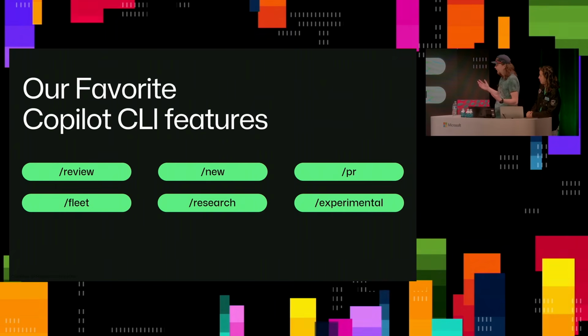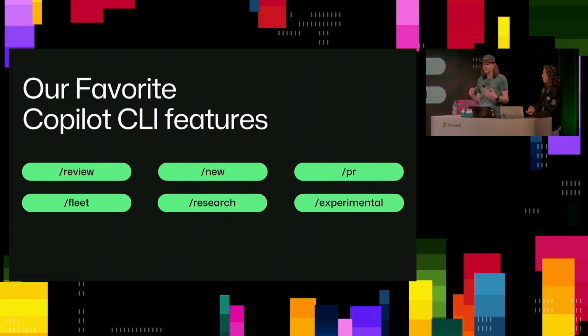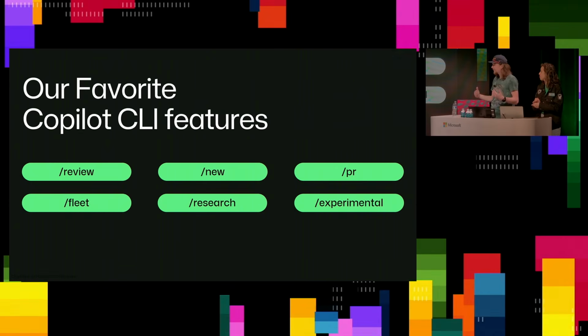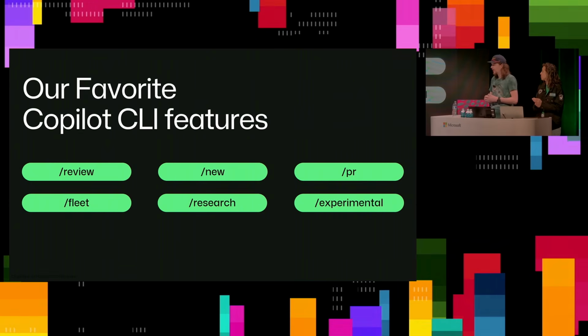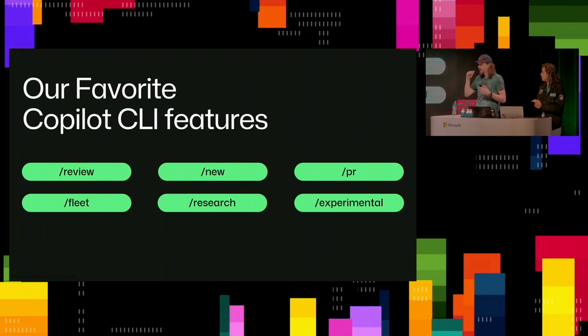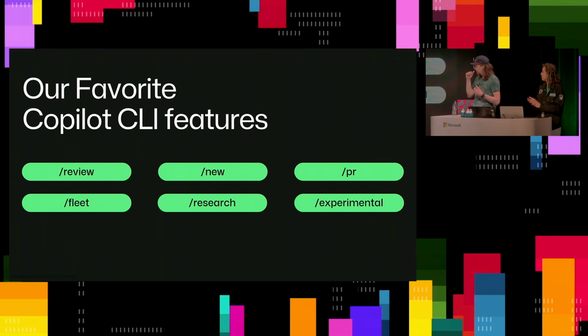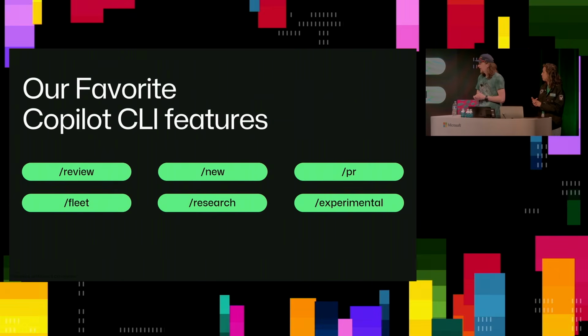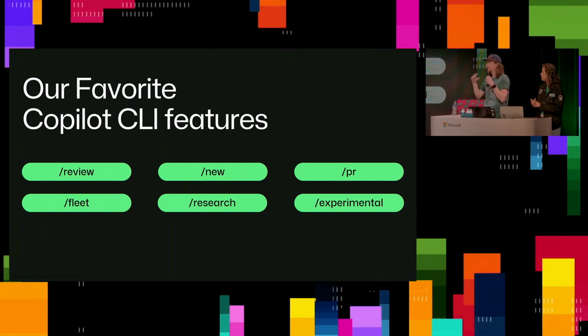Oh, yeah, /review. So this lets you run sub-agents that do code review. The coolest thing about this is because Copilot is a multi-model harness, we support Gemini models, we support GPT, Claude, all the latest and greatest. And so if you type /review, you can give it a prompt at the end.